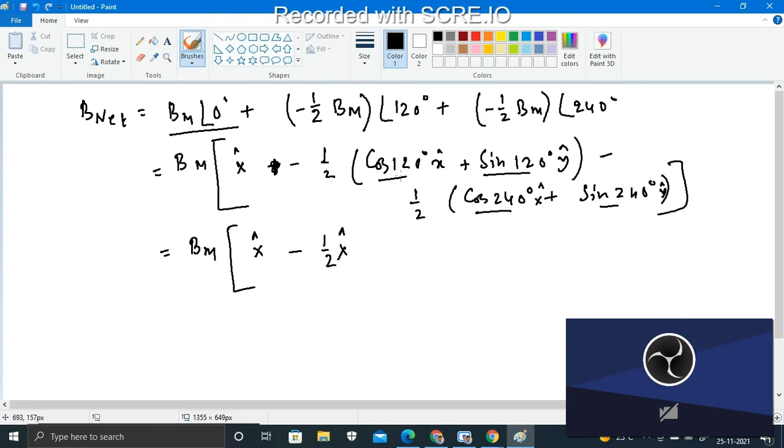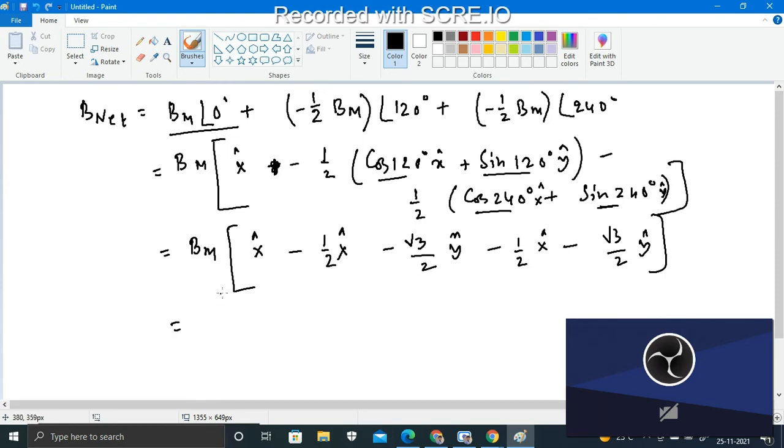So this will come x mod minus root 3 by 2 y mod, minus half of x mod minus root 3 by 2 y mod, right?